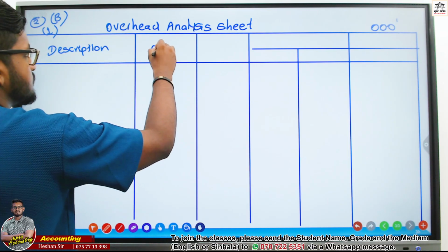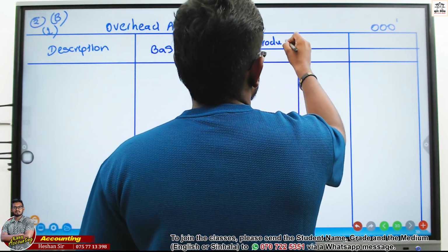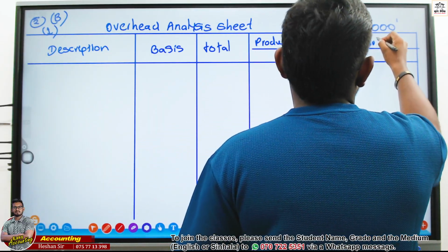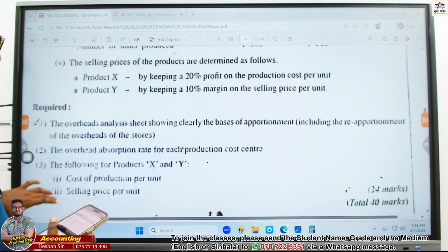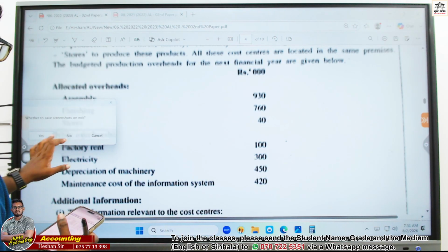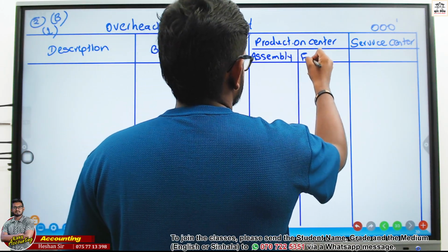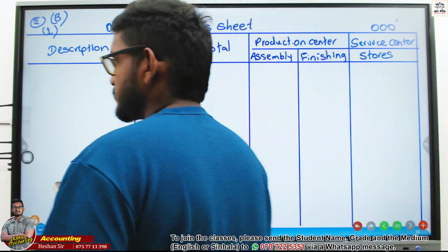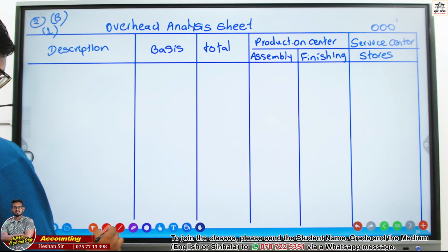Description, basis, total, production centers, service center, right? Two production centers called assembly and finishing, and the service center, stores, right?